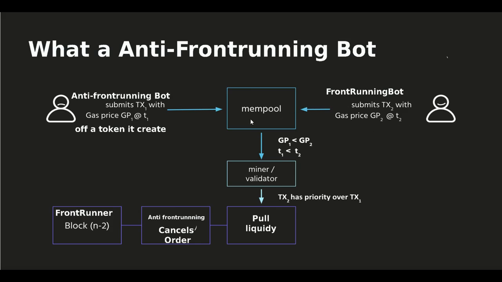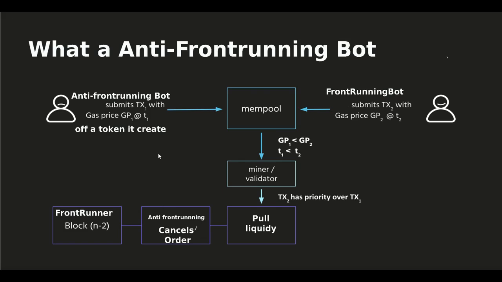So it swoops in and puts out the block to buy it with a higher gas than the anti-front-runner bot. It puts it out here in this block. It buys the token, so it took the token and gave you its ether to buy it. Your order's still there. The anti-front-runner bot cancels its order, so you're no longer buying your own token.